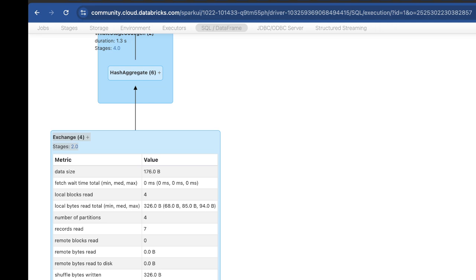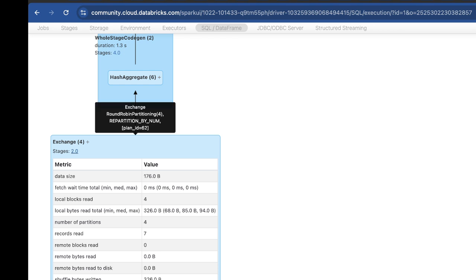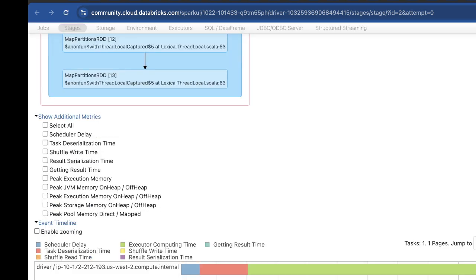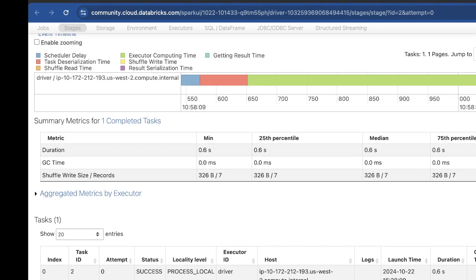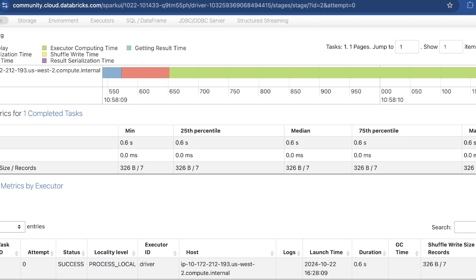This is what the second stage does. It has created one partition, writing 326 bytes for 7 records. Same thing we have seen here.